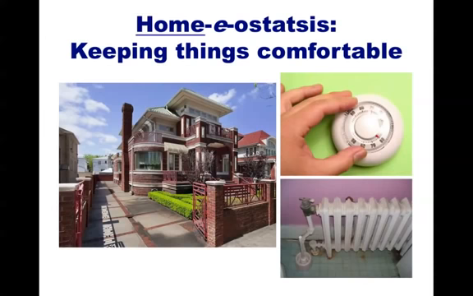In a home, you might have several systems built in to help keep you comfortable. You might have an air conditioner for when it's too hot outside, a radiator for when it is too cold. You might have a humidifier or a dehumidifier if needed, and you have lights for when it's dark. These things allow you to keep your home in homeostasis.